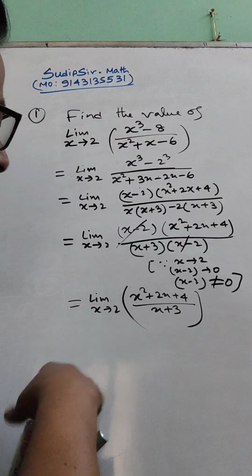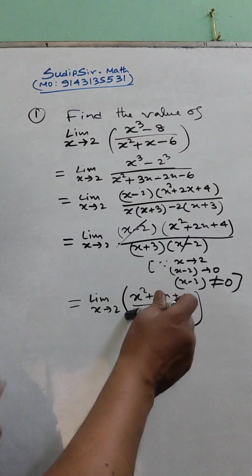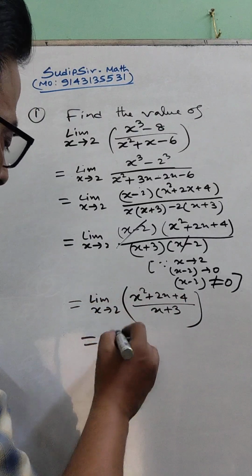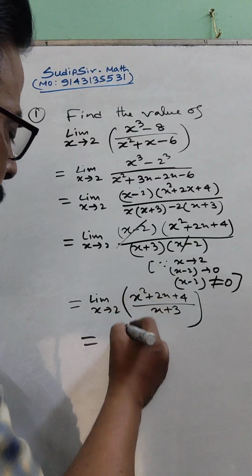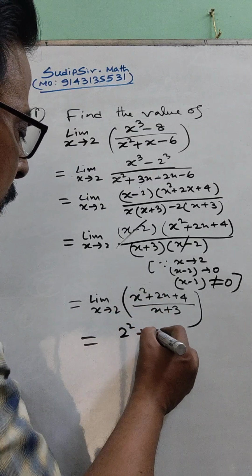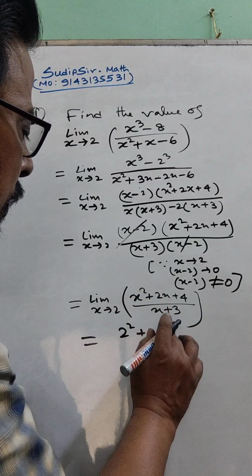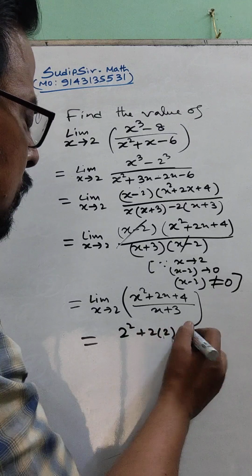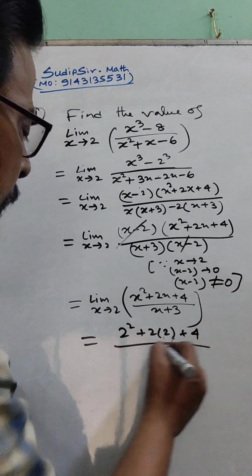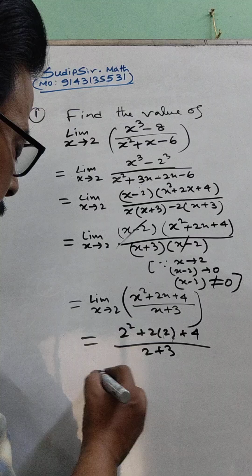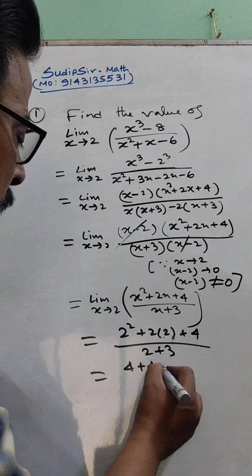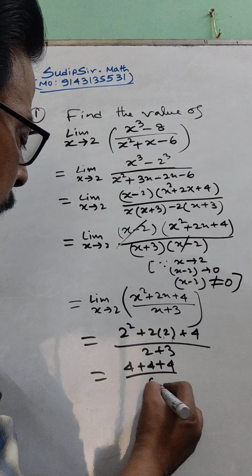Now simply put the value x equal to 2. This will be 2 square plus 2 into 2 plus 4 by 2 plus 3, that is 4 plus 4 plus 4 by 5.